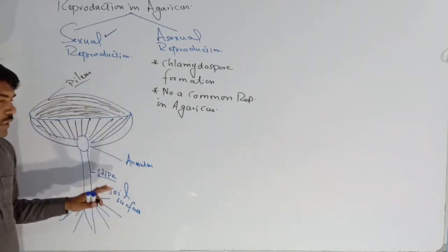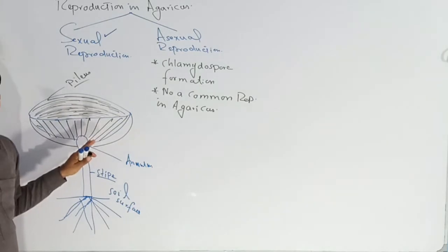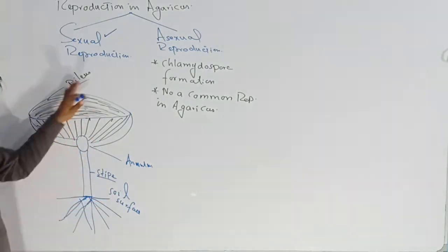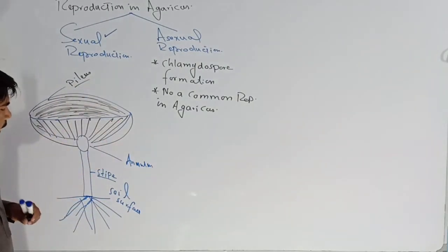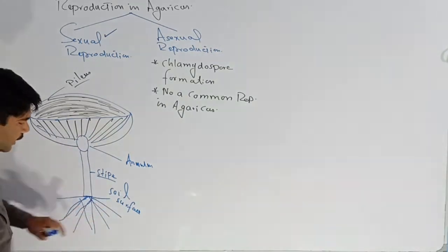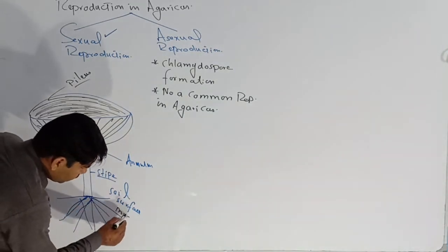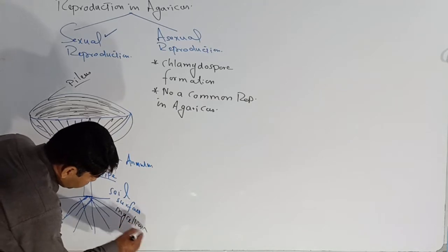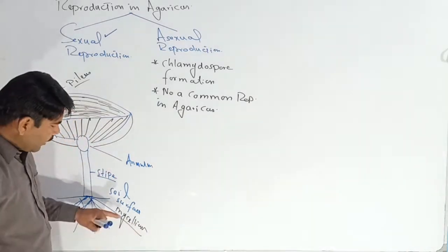So actually this is the morphology of Agaricus campestris, and now we have to learn all the parts. This is the mycelium, which is known as vegetative mycelium.